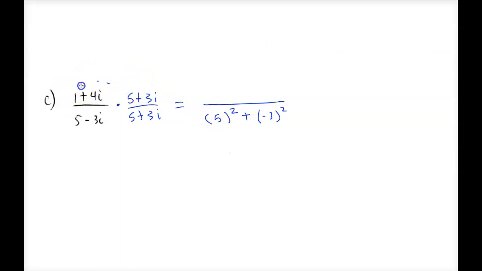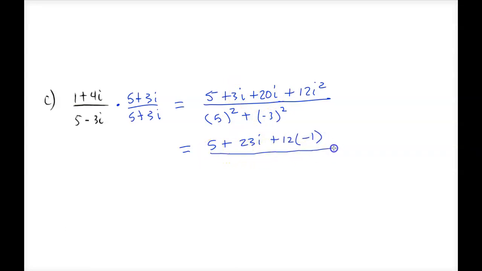Let's erase that. So if we do that, in the numerator, we'll end up getting 5 plus 3i plus 20i plus 12i squared. And here we know that the two middle terms in the numerator combine to be 23i. i squared is a negative 1.